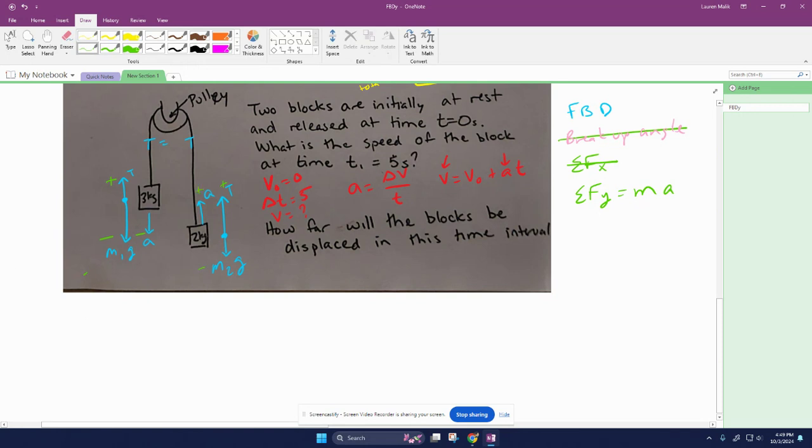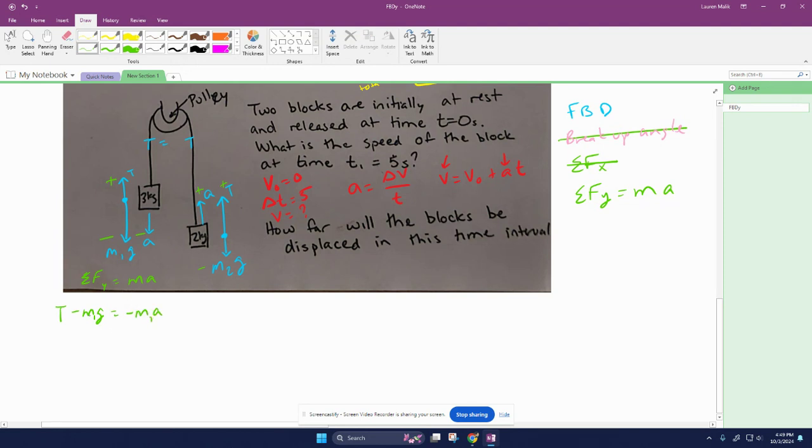These signs of positive and negative become really, really important, because when I think about my net force equation, I'm going to say that my tension going up minus my gravity on that first box going down has to equal my acceleration, which is negative over here on this side.